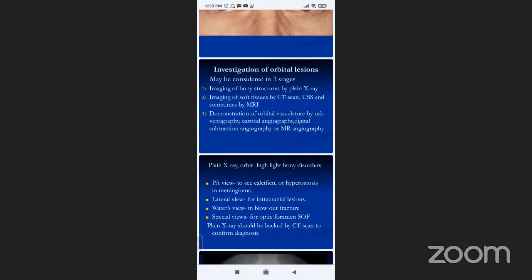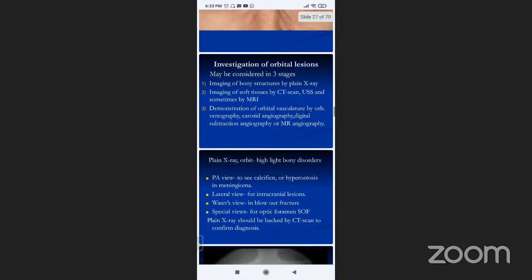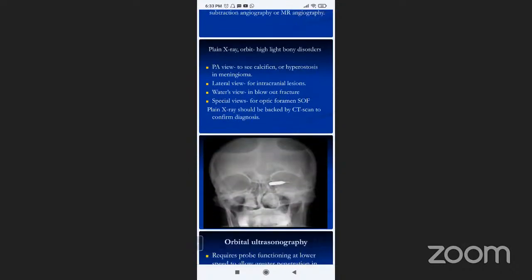If you want to see some lesions in the optic foramen, there is a view known as the optic foramen view. In that view, we can see dilatation of the optic foramen or enlargement of the superior orbital fissure in lesions affecting that area. So nowadays, we are not relying on X-ray findings; we do a CT scan straight away. Orbital X-ray also shows some radiopaque lesions.